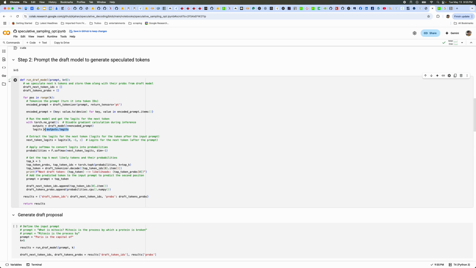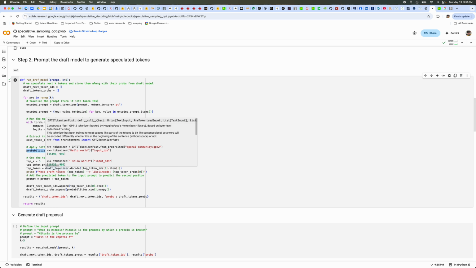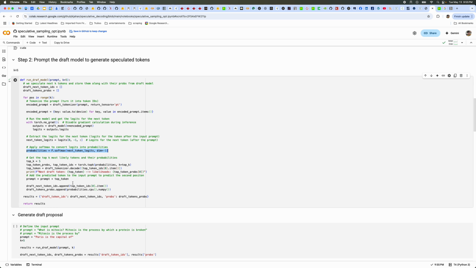We essentially feed the prompt, and then we generate the logits for the next token, and then we run the softmax on it, and we sample from the probabilities. Basically, we sample the token with the maximum likelihood as the next token.